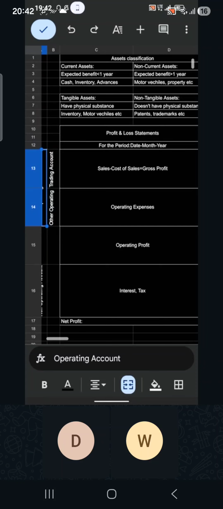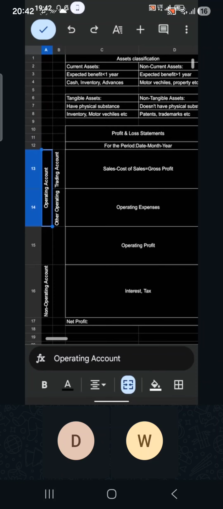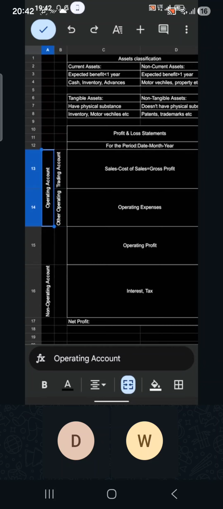Maybe if you sell pencils or school supplies, if you sell your entire inventory and get a profit, that will be your operating profit or revenue. And other operating revenue will be things like, maybe you put your excess money in a bank account and you got interest, then that will count towards your operating revenue.